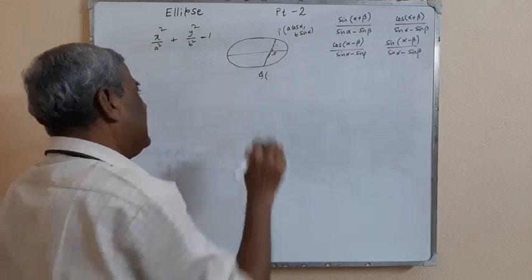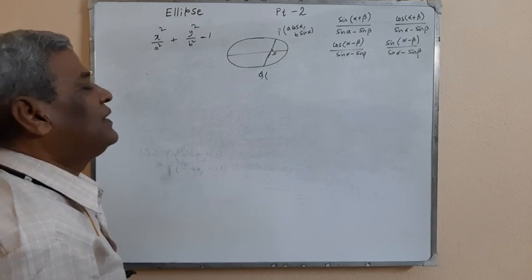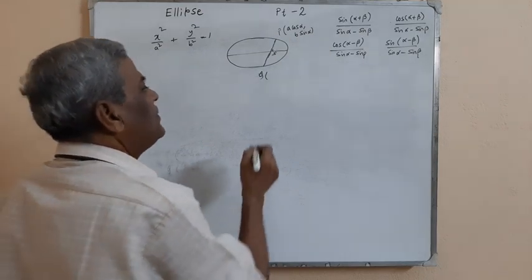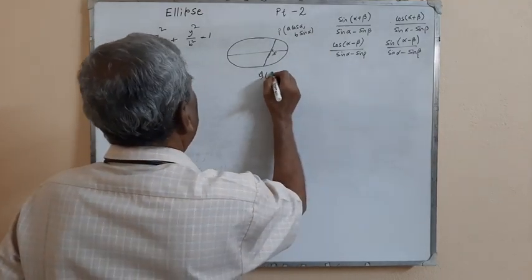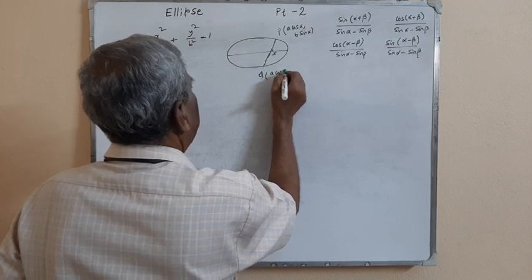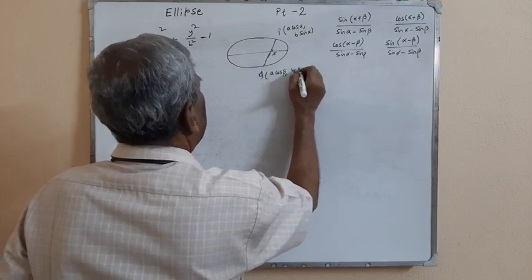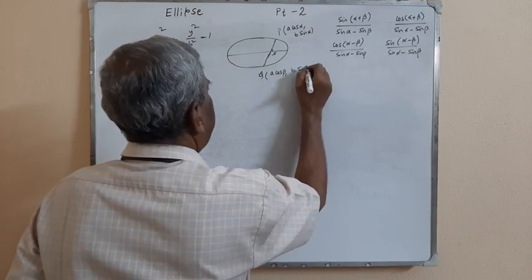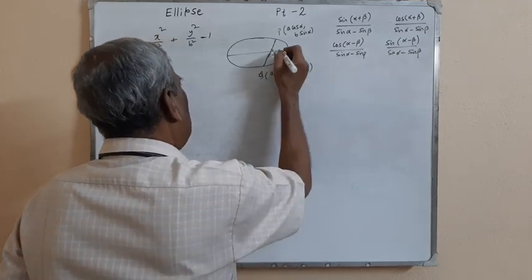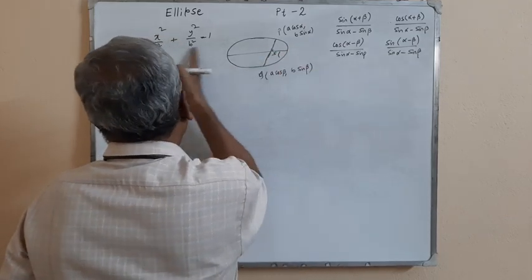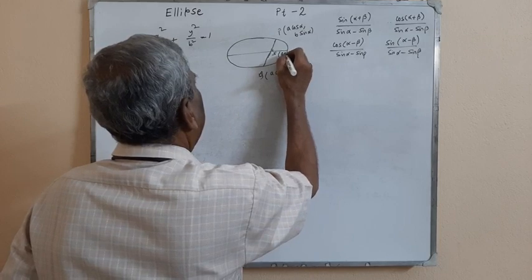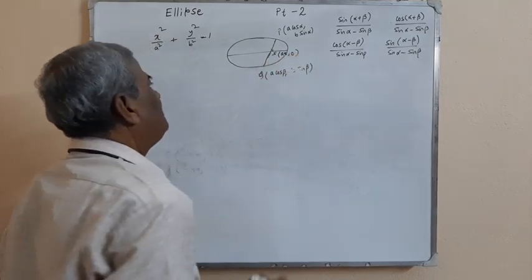Its second end Q has eccentric angle beta, so it is a cos beta, b sin beta. The focus is simply ae, 0.